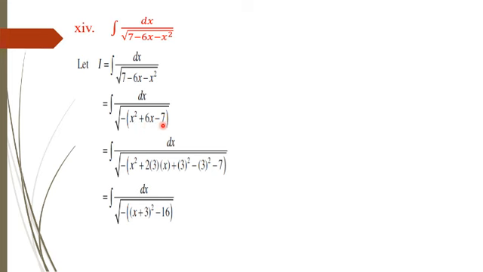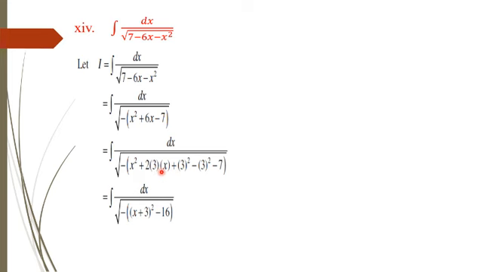Now applying the completing square formula, a square plus 2ab plus b square is a plus b whole square. The value of b is half of the coefficient of x. Here the coefficient of x is 6, so half of 6 means 3. So x square plus 2 into 3 into x, then add as well as subtract b square, and minus 7 as it is.